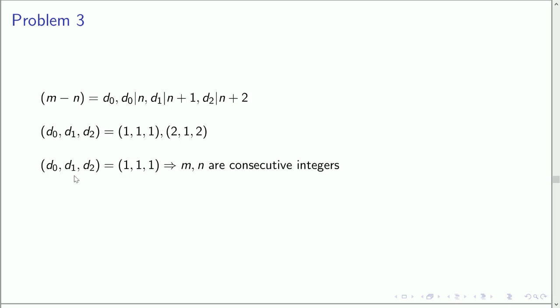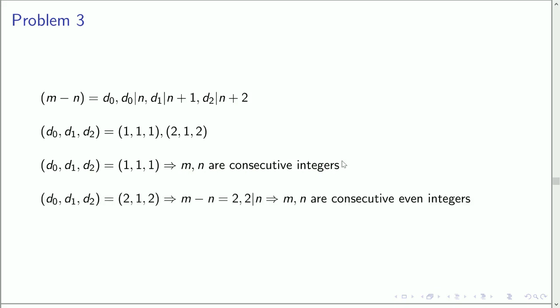So if it's 1, 1, 1, what does it mean? 1 divides n, 1 divides n plus 1, 1 divides n plus 2. All this is okay. It also means m minus n equals 1, so m and n are consecutive integers.